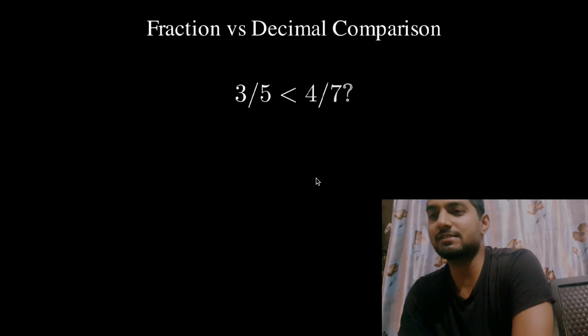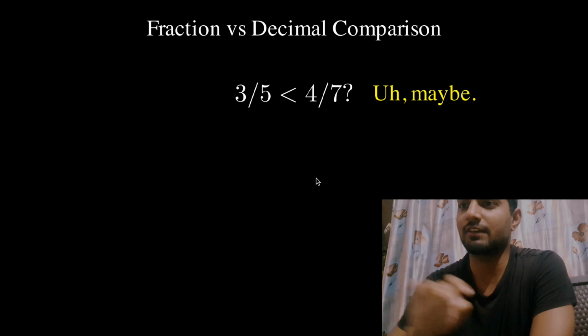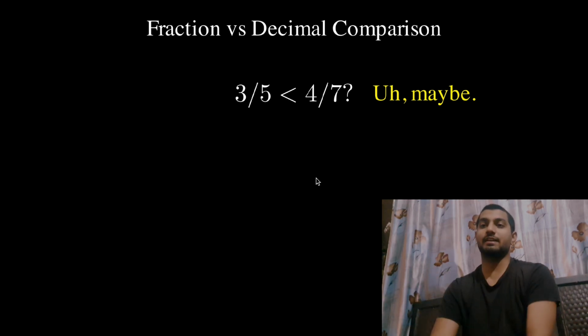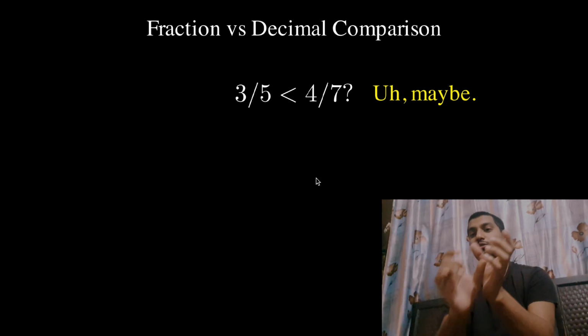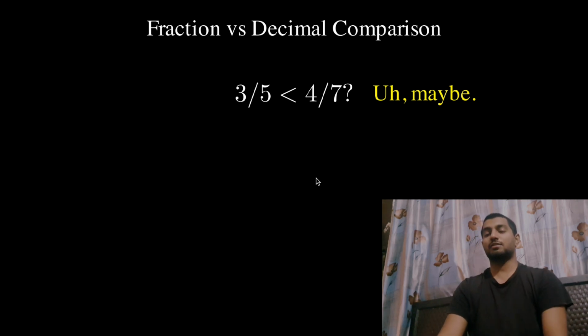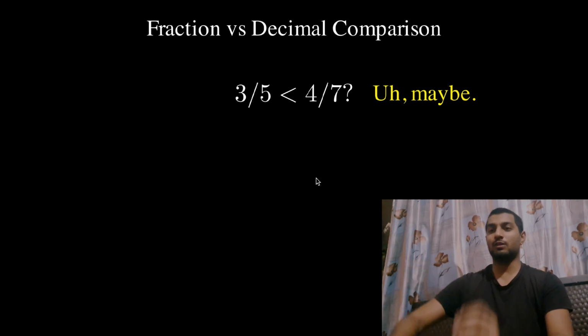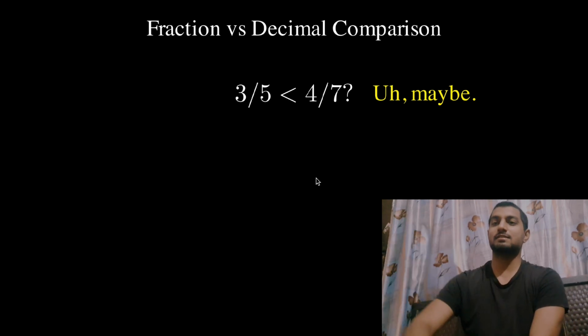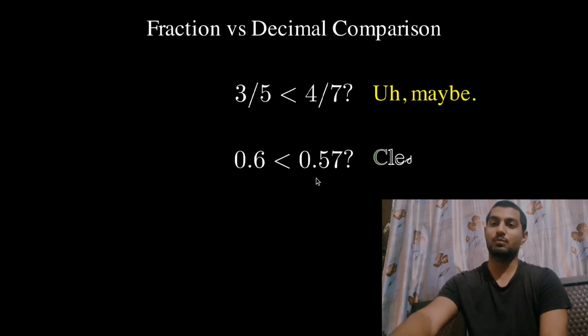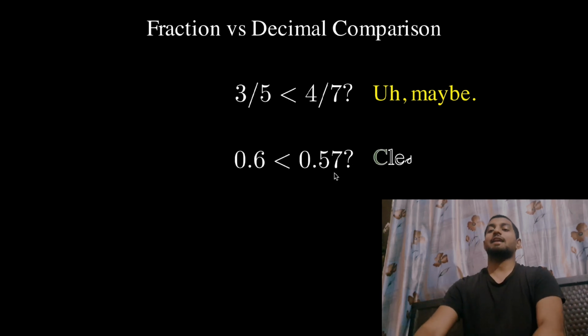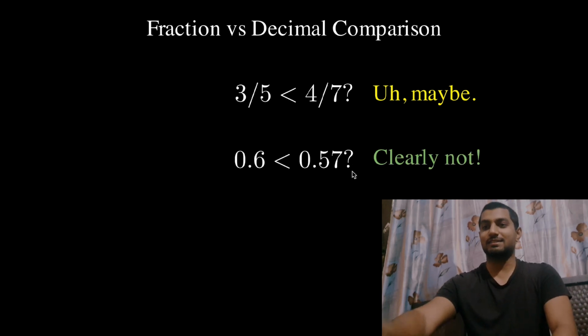One of the comparisons: if I ask which is greater, 3/5 or 4/5, then you have to draw the number line and see which one is bigger, right? It is a little more work. But if you represent the same numbers in decimal, it will look like 0.6 and 0.8. And now we can clearly say which is greater, right?